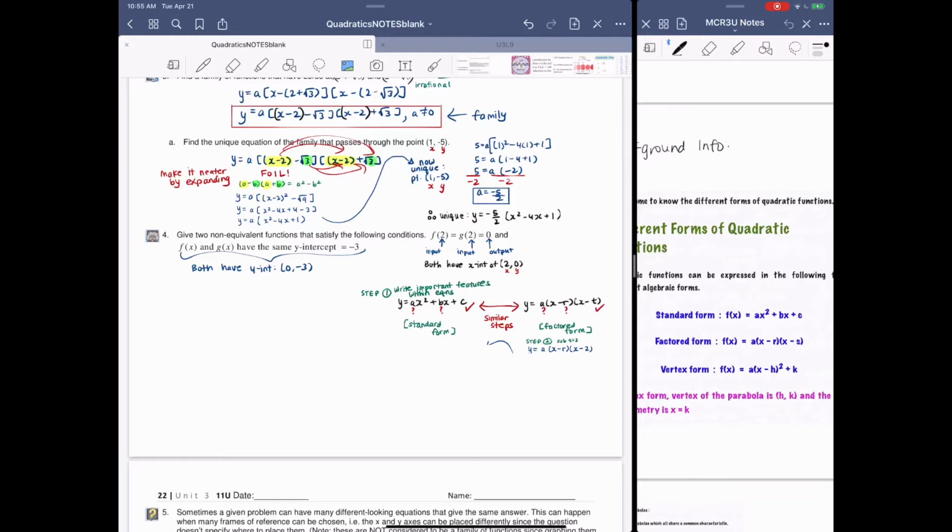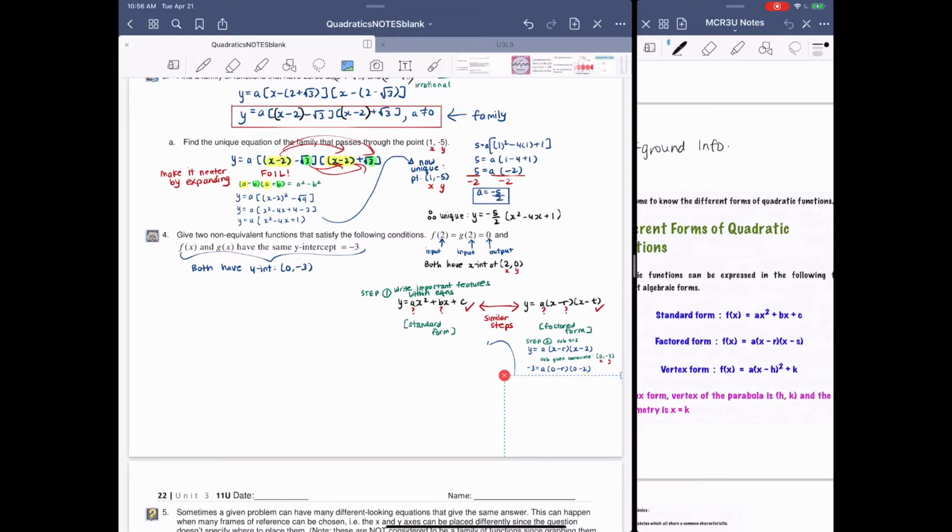But if I look around a bit, I notice that I also have another coordinate, 0 comma negative 3. That means I could also plug that in. So I'm going to plug in 0 comma negative 3, and this is what I get: negative 3 equals a bracket 0 minus r, 0 minus 2.